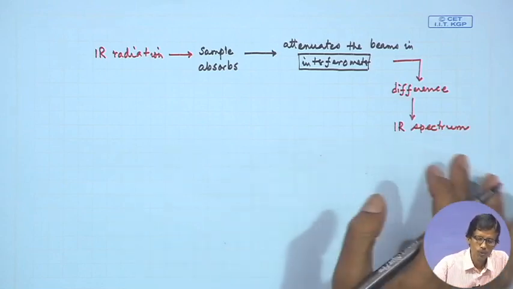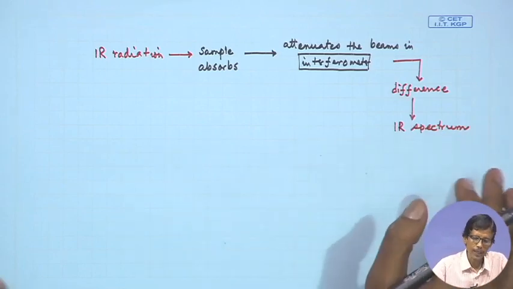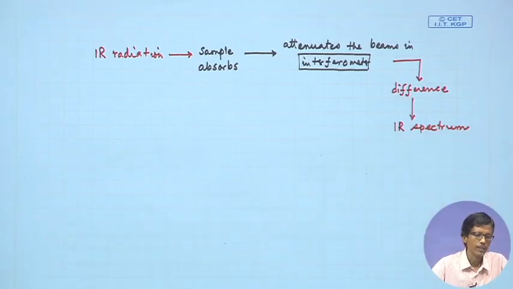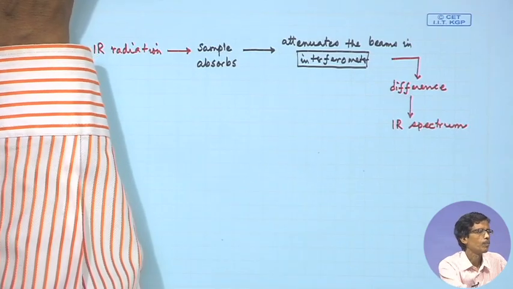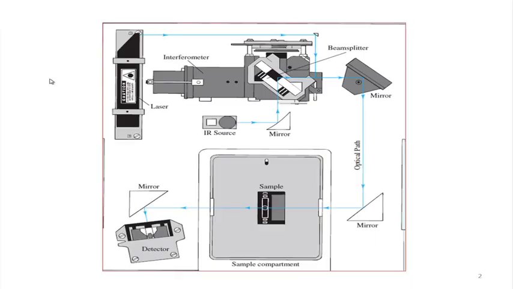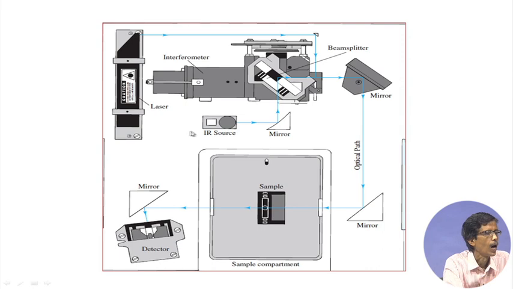The whole instrument, how we use it in a stepwise manner, can be seen through this block diagram of the instrument. What we see here is your IR source.